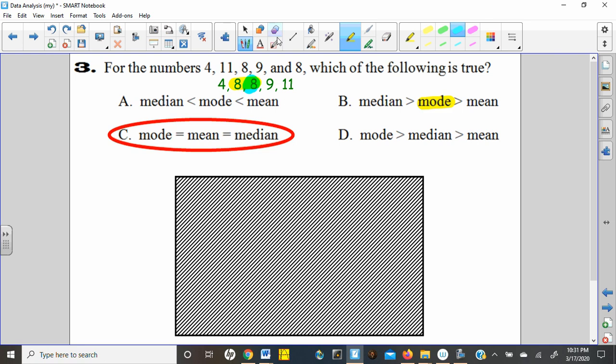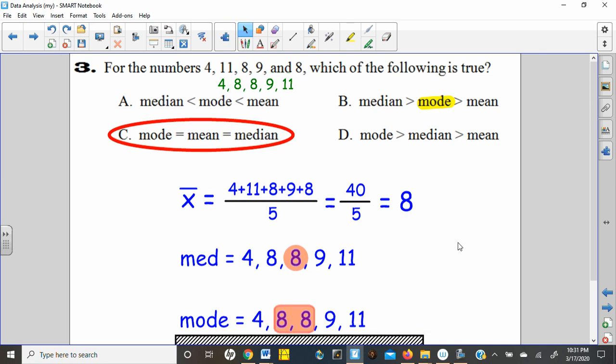If those two are equal, the only one of these answers that tells us that the mode and the median are equal is C. Boom, you're done. However, for those of you who like to be a little more thorough, we could have calculated the mean and the median and the mode, and sure enough, they are all 8.